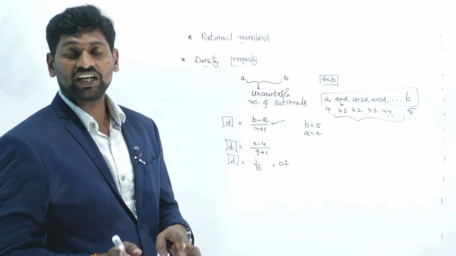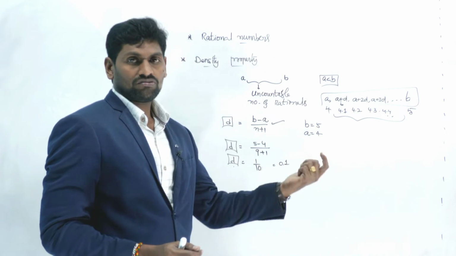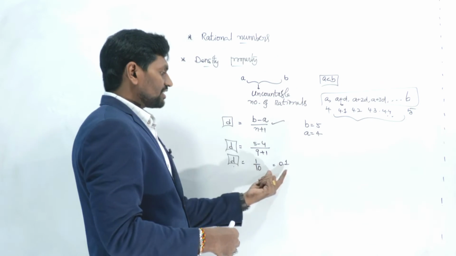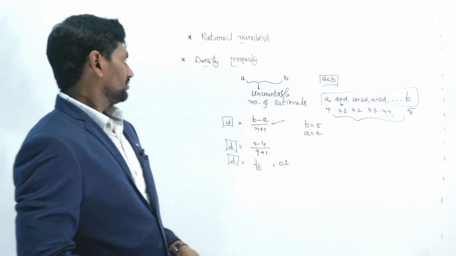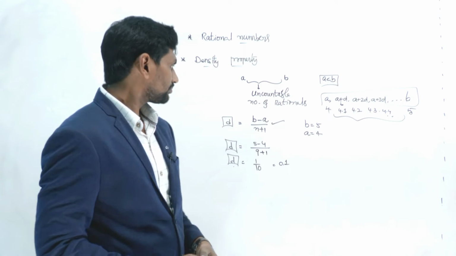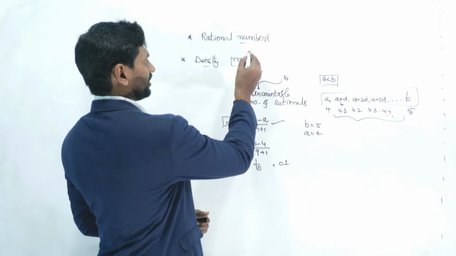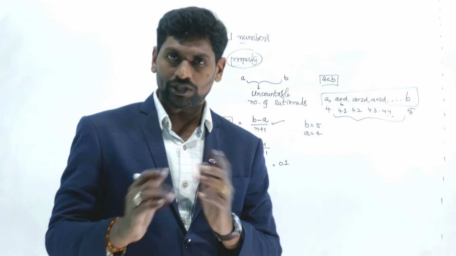If you want to find 100 rational numbers between them, n value should be 100. 100 plus 1, 101. So again that decimal number we can add like this. Okay? Here d is the difference between consecutive rational numbers. So what is the density property? We can write an infinite number of rational numbers between any two numbers.